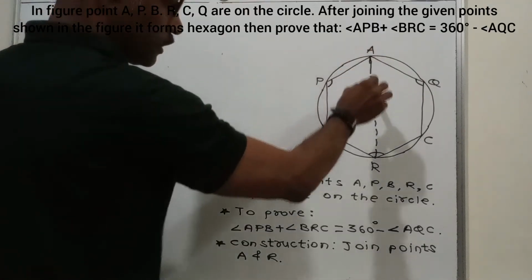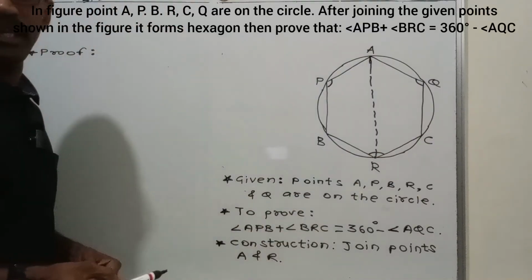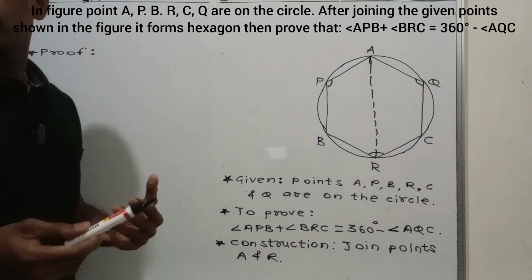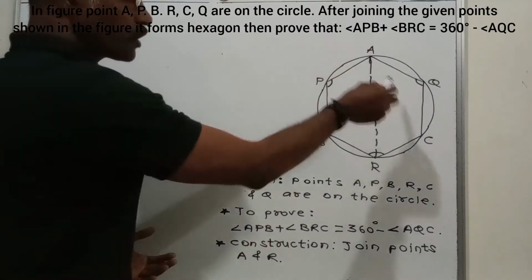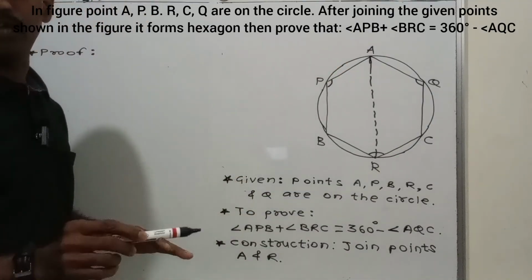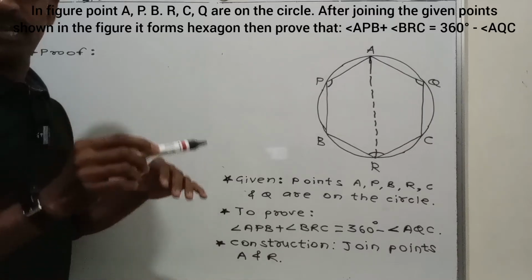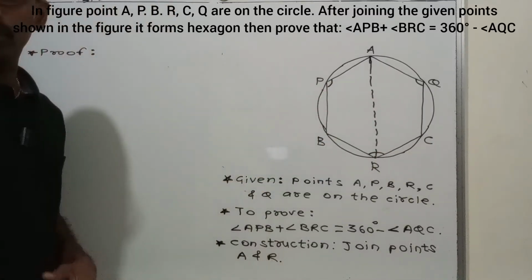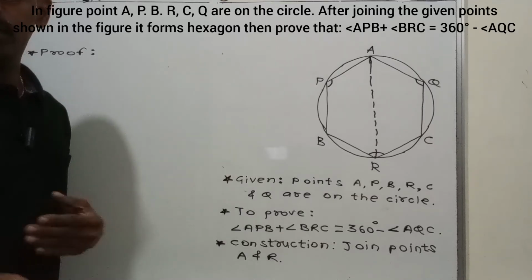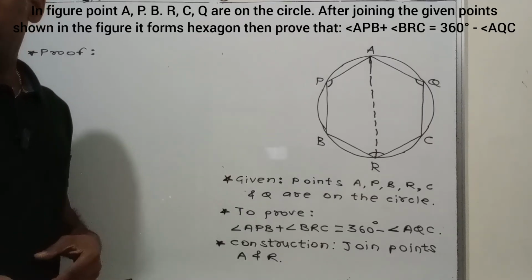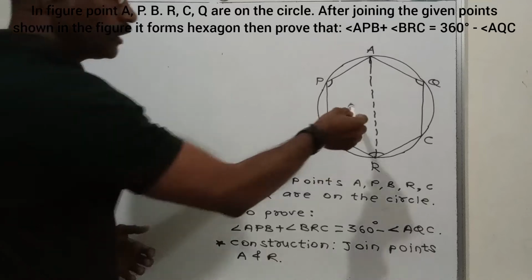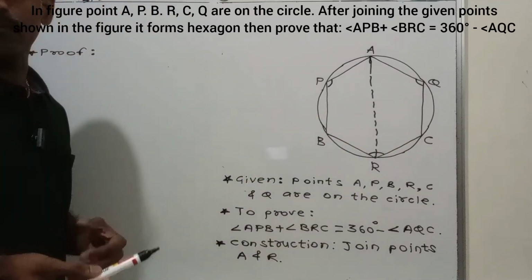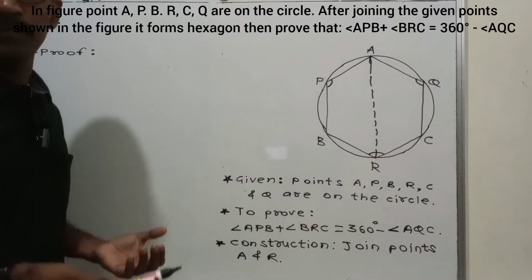When we draw this segment AR, then we obtain two quadrilaterals and those are inscribed in a circle. When those are inscribed in a circle, then those quadrilaterals or single quadrilateral is called cyclic quadrilateral. And here two quadrilaterals, so we say those are cyclic quadrilaterals. Did you get it?